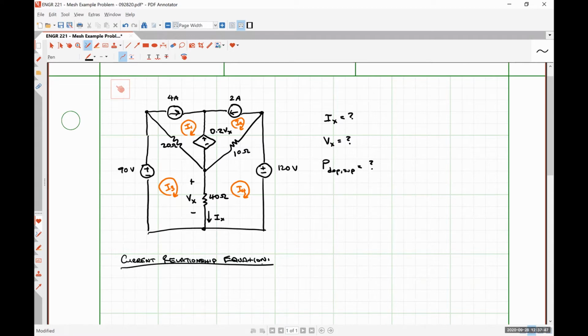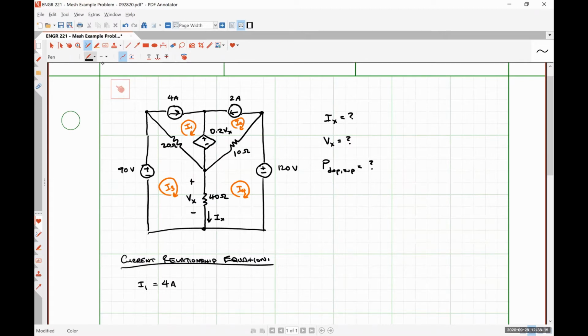All right, so how can I relate the top left current source to the mesh currents that are flowing around in this circuit? So I hear that I1 is equal to 4 amps. So let's talk about why that's correct.